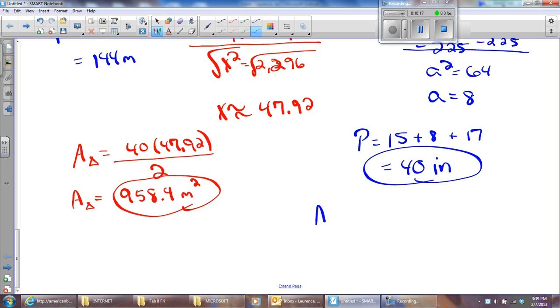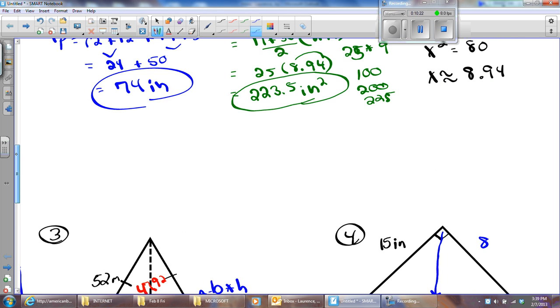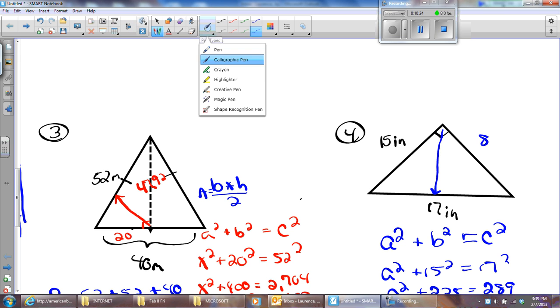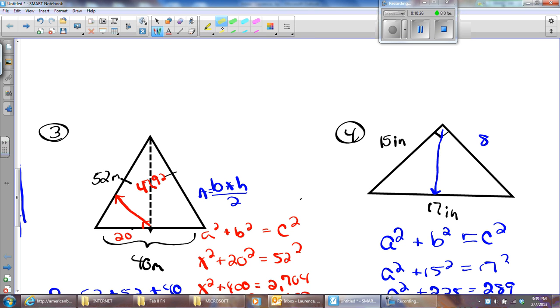Okay, the area is going to be the base times height. And remember, the base times height make a right angle. If I check this out here, get my highlighter, there's my right angle right there. What two segments are coming to make the right angle?